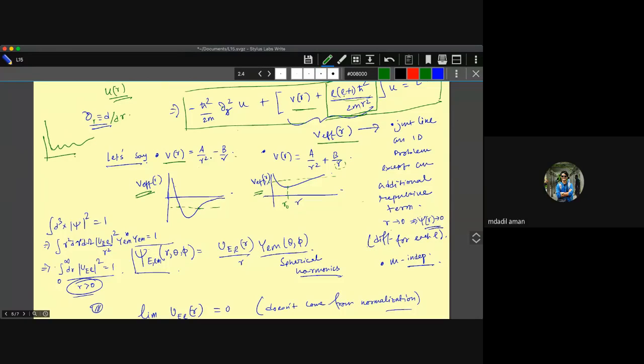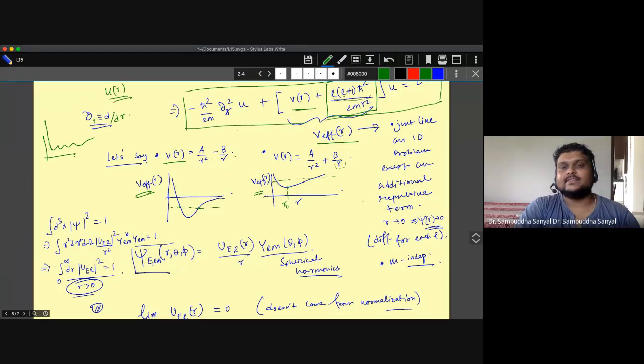B effective r has this additional 1 by r square term. Now this additional 1 by r square, yeah, I have to look into it. Okay, I'm confused.